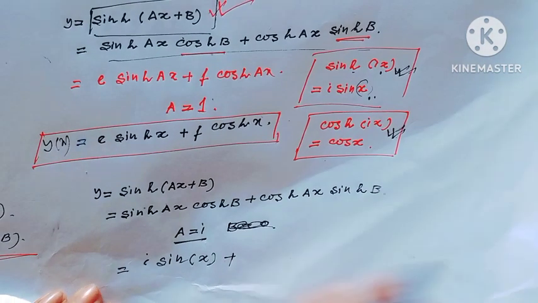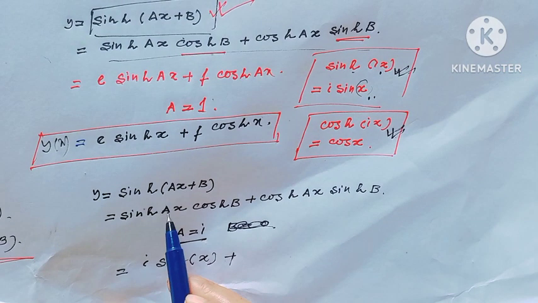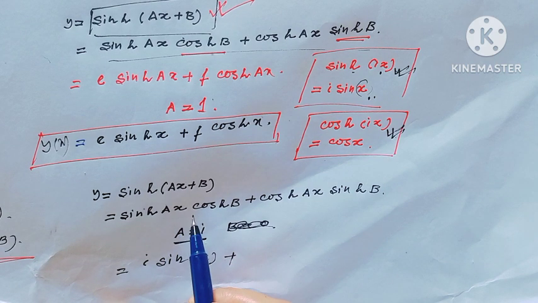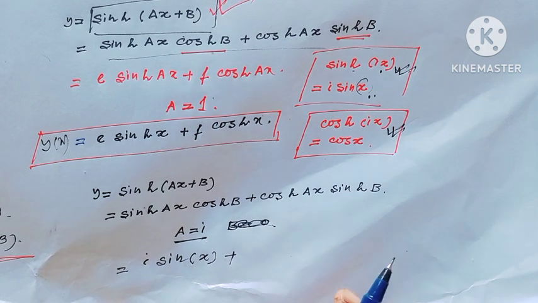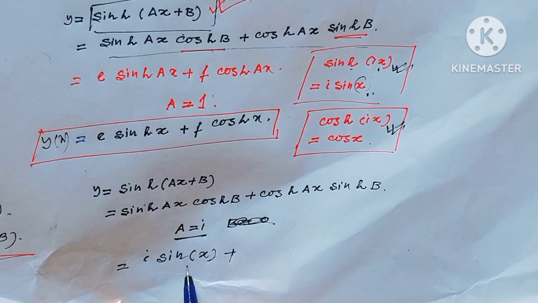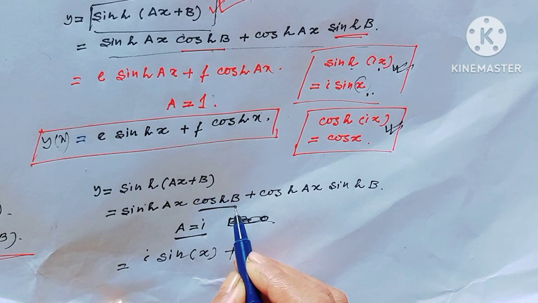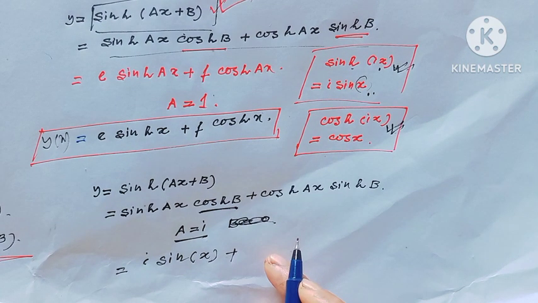Then here sine hyperbolic ix means i sine hyperbolic x, and cos hyperbolic b is any constant.